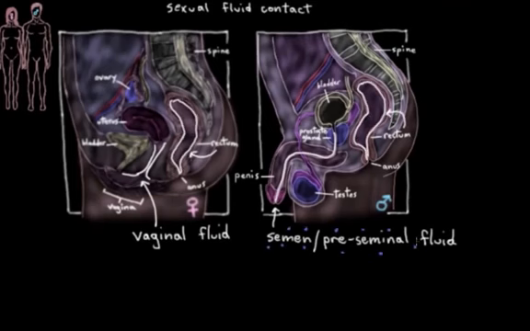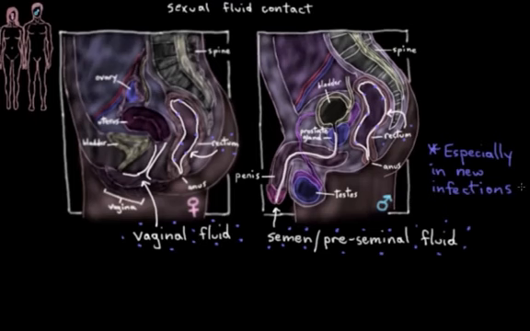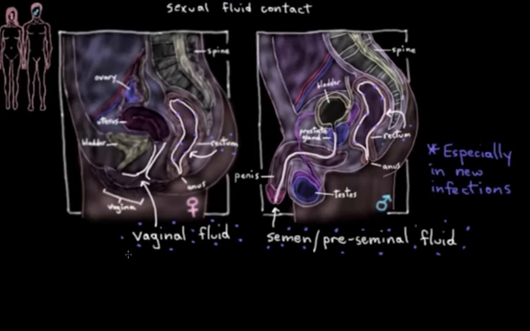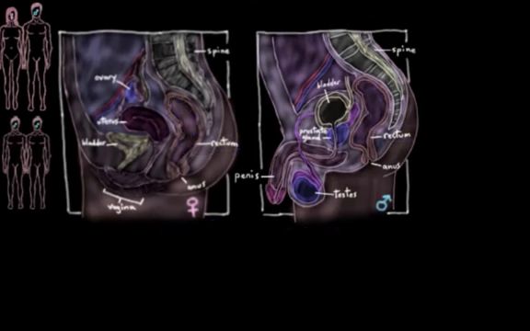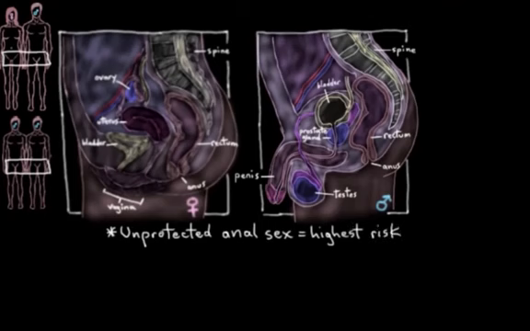because there's often a fairly high amount of viral particles within these fluids, particularly within the first few weeks of a new HIV infection, when the infected person's viral load in their blood or in their sexual fluids is up at extremely high levels. But in terms of actual sexual activities, in general, unprotected anal sex with either a man or a woman is the highest risk sexual behavior, because not only is there exposure of HIV-infected sexual fluids to mucous membranes, right?